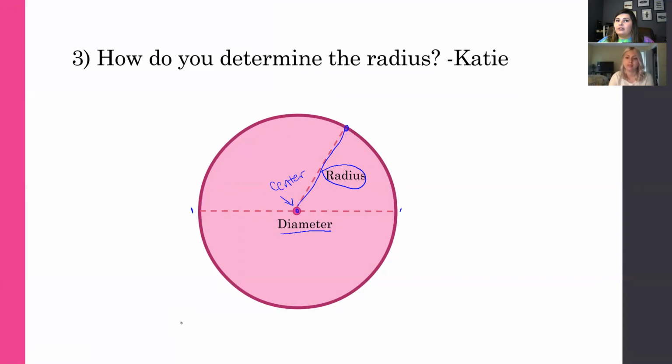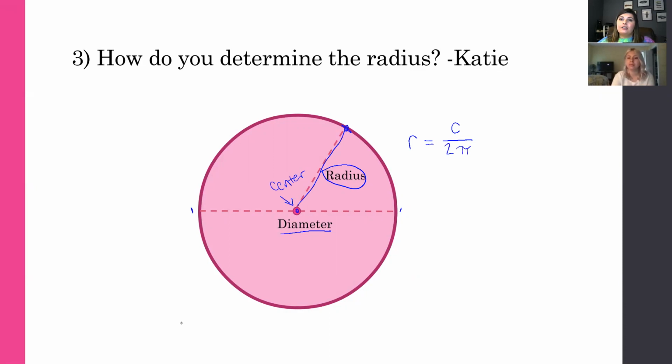The distance from the center of the circle to the outside edge of the circle. For that, there's a formula. We love the formulas here. R stands for radius, and I'm not even going to try to spell it this time. R equals, the formula is C over 2, which makes a fraction.